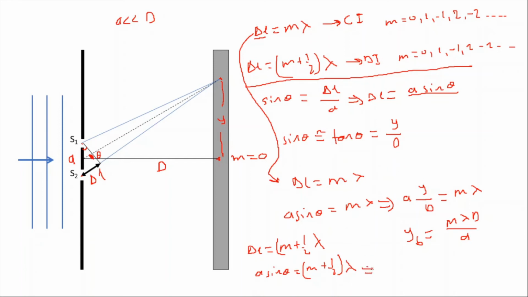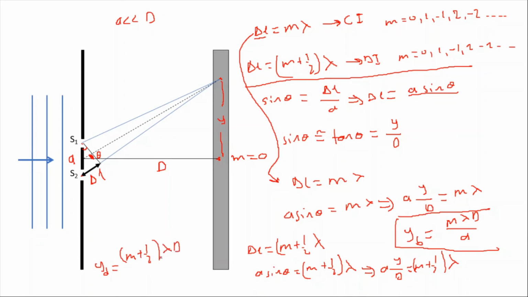So from here we can write a y over d equals m plus 1 over 2 lambda. If we rearrange this formula just like this one, let me write it here, y dark is going to be equal to m plus 1 over 2 lambda d divided by a.